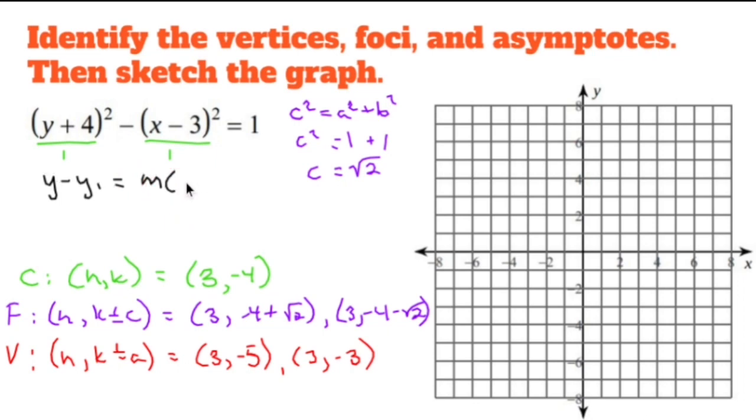Because an asymptote is a line, and in this case we're going to have two asymptotes. So y minus y sub 1 in our case is y minus k. M with this type of hyperbola is going to be positive a over b, which I know are both 1. And then I have x minus h.